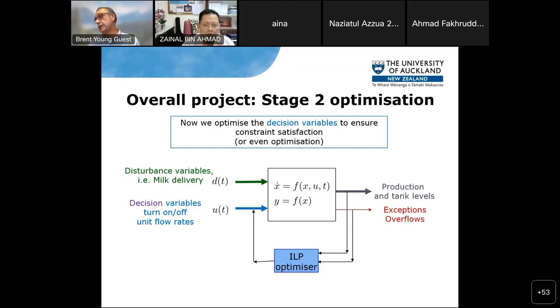We want to manage the production levels and the tank levels. And how do we control that? We can decide whether turning a valve on or off should be done. We want to avoid overflows of tanks or other exceptions, and we're using the optimizer to solve this problem.